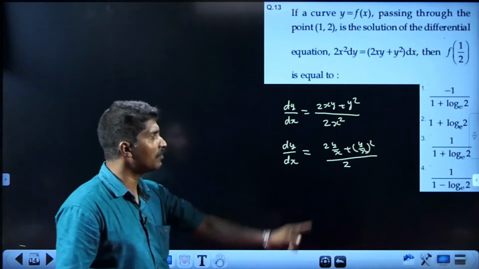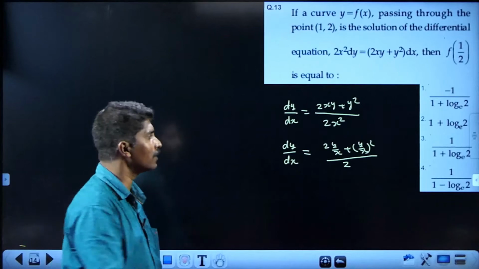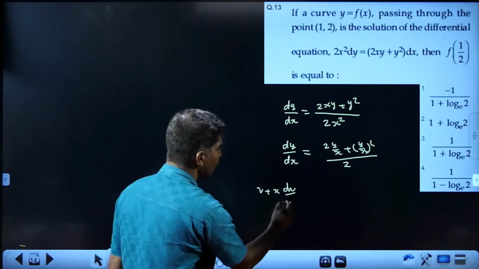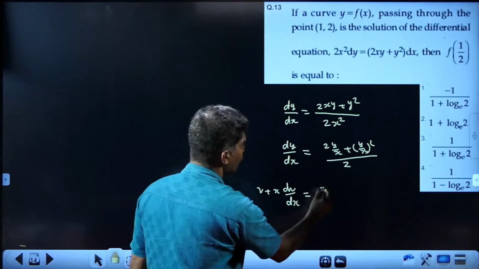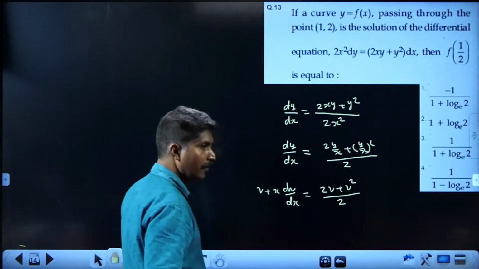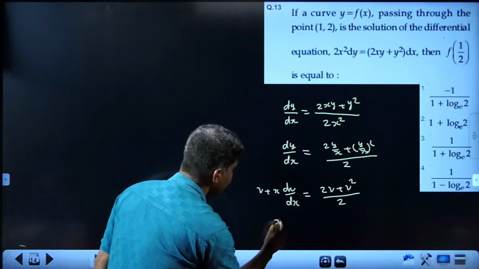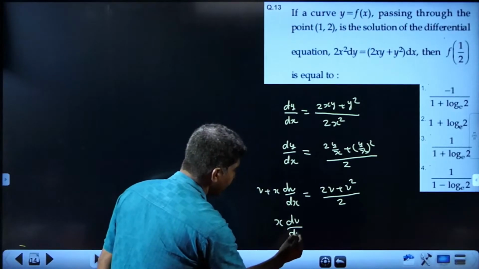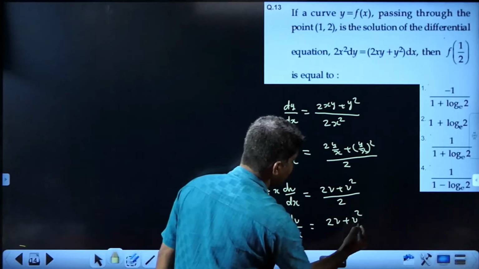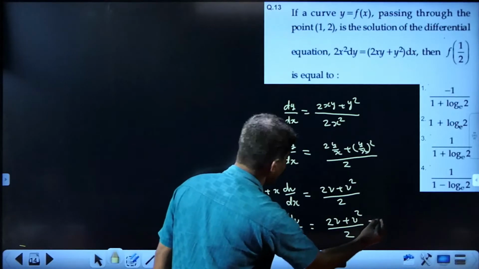And on the next step, we substitute y is equal to vx, so that you will write v plus x into dv by dx is equal to (2v plus v square) divided by 2. That is x into dv by dx is equal to (2v plus v square) divided by 2 minus v.